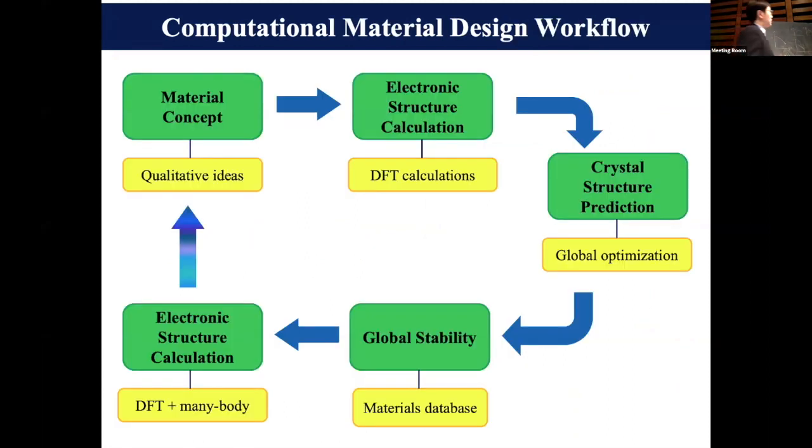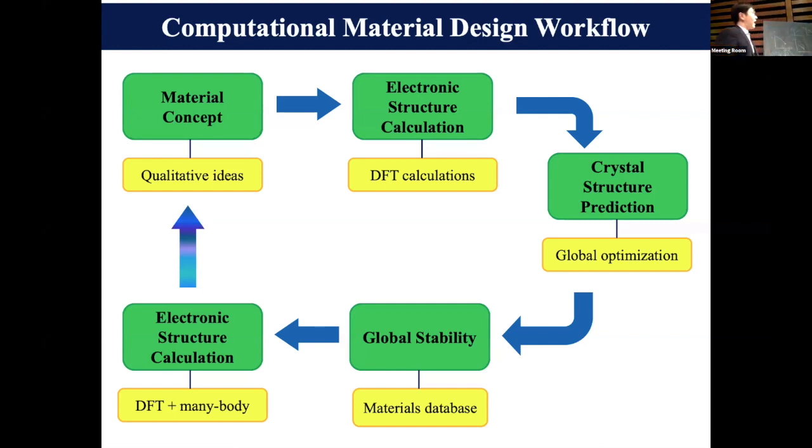Okay, this figure shows the computational material design workflow. At first, the material design starts from the qualitative idea. So it includes the material concept. From our physical or chemical intuition, we propose a new interesting material expected to show good physical property. Then the next step is the electronic structure calculation.